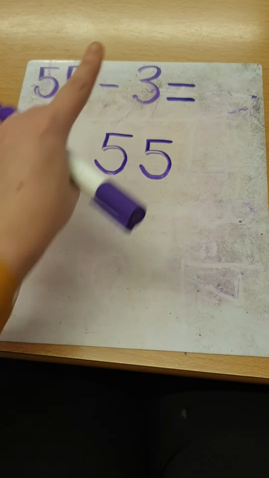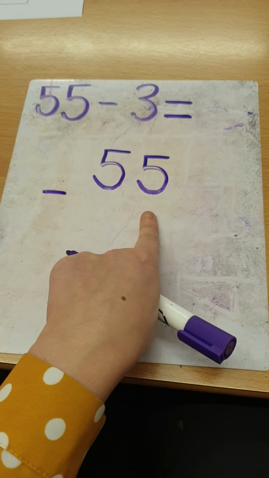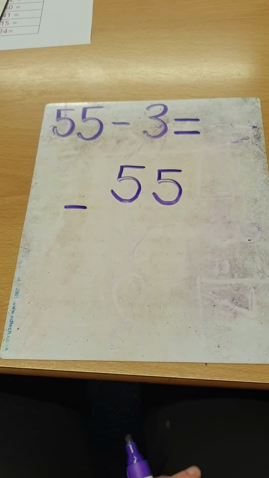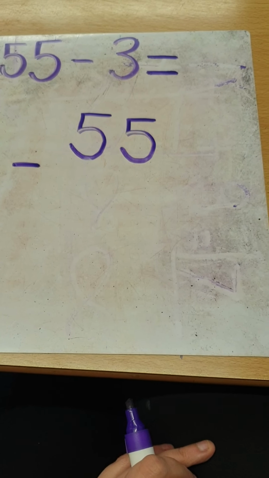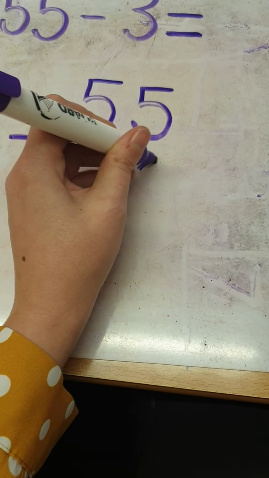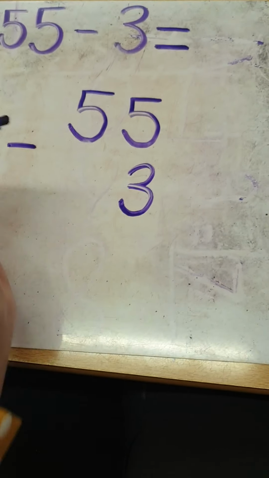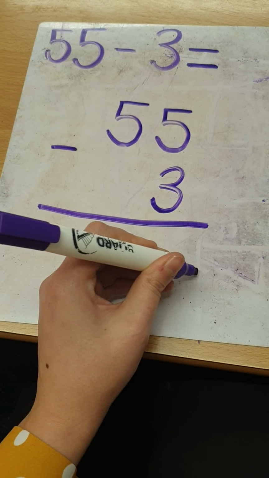Now, who can tell me, where does the 3 go? Does it go under the tens or does it go under the ones? Excellent. It goes under the ones because it's a 1-digit number, so it's only 3 ones. So I'm going to put it right here to help me, and then I'm going to draw my nice equal sign.